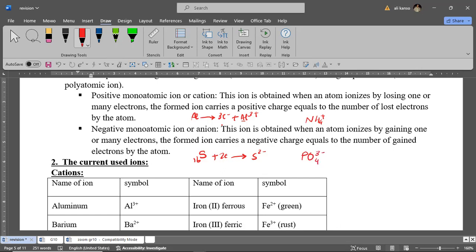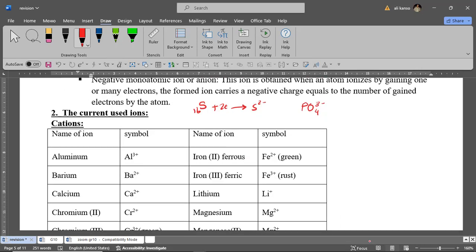What's important here is that the compounds that are formed of these cations or anions are called ionic compounds.